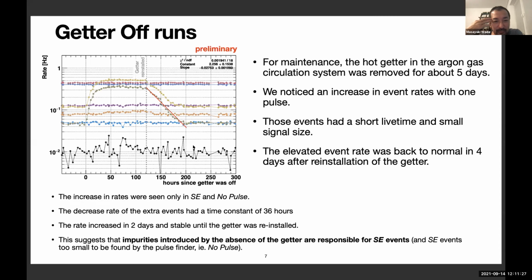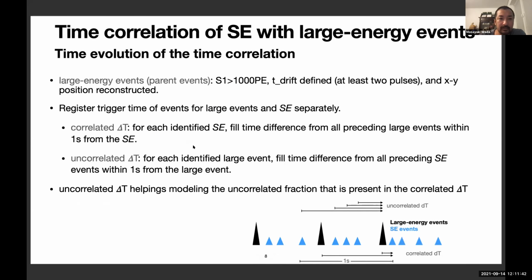We believe this is impurity because of the absence of a getter, and this is how fast the single electron events go away from these getter-off runs.